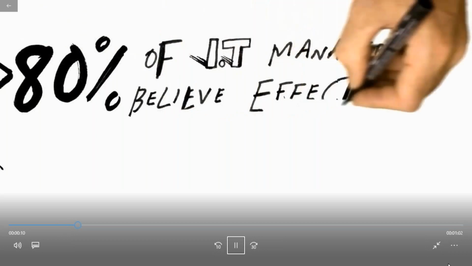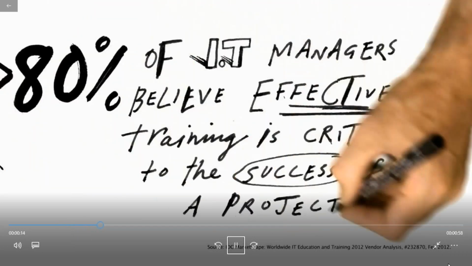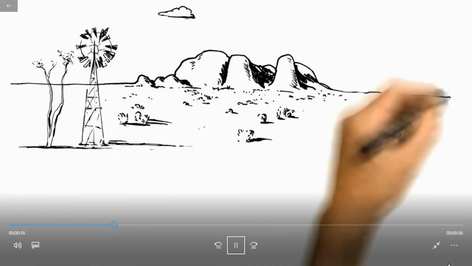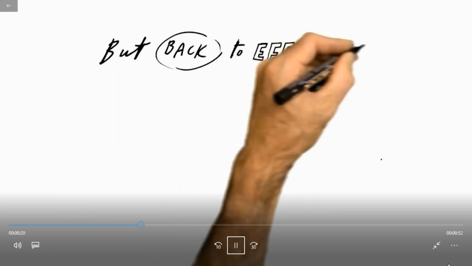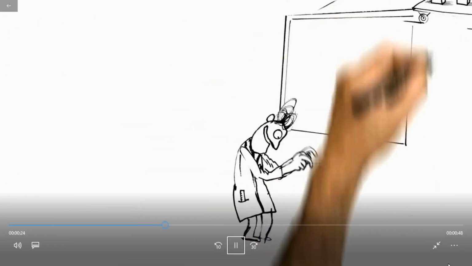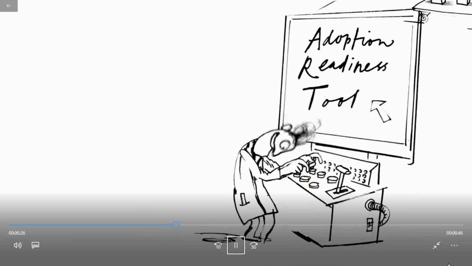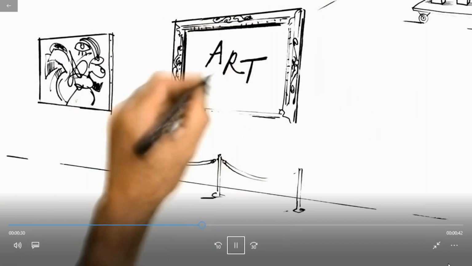Here's a fact. Recent IDC research has found that 80% of IT managers believe effective training is critical to the success of a project. Here's another fact. Kangaroos can't jump backwards. But back to effective training. We've created the Adoption Readiness Tool, but we like to call it ART. Well, it is beautiful.